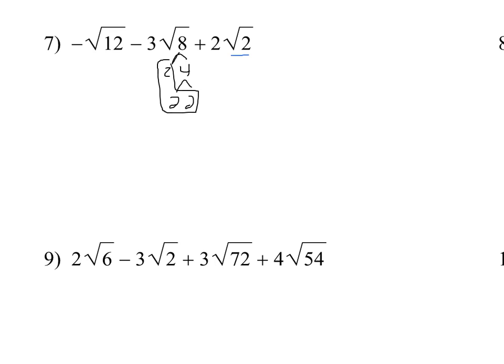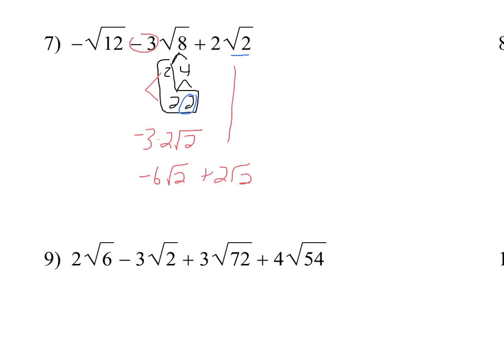We're looking for pairs, and they do have a pair, so I can take that pair out. There's a negative 3 already there, so it becomes negative 3 times the 2 I take out, root, and there's a 2 still in there. So this becomes negative 6 root 2. We still have a 2 root 2 on the end that was already simplified.